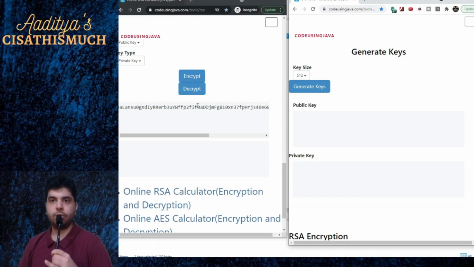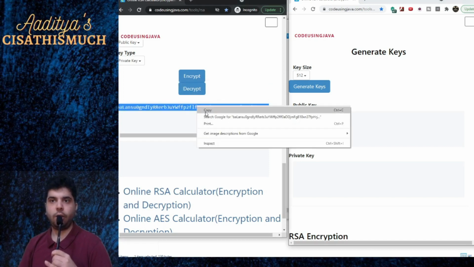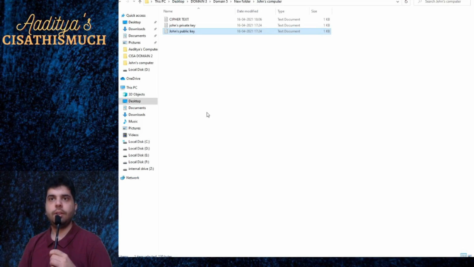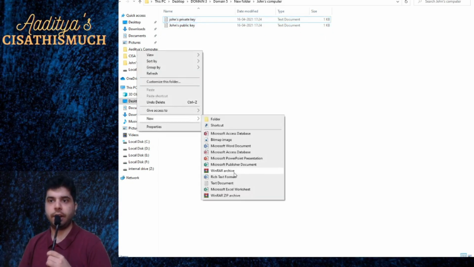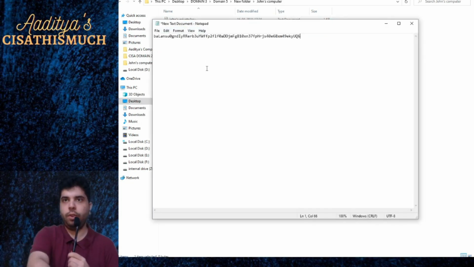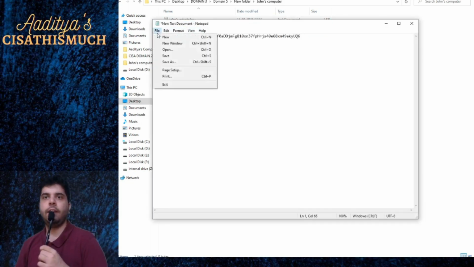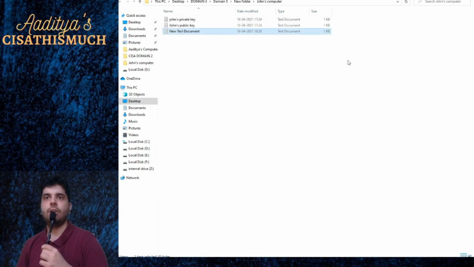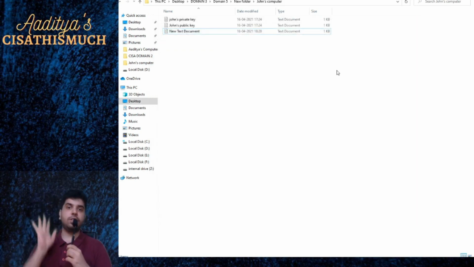Again control A, copy, and then ciphertext. Just wait a second. Now we are creating a new file, ciphertext. Control V, file, save. Yes, so now ciphertext is formed.